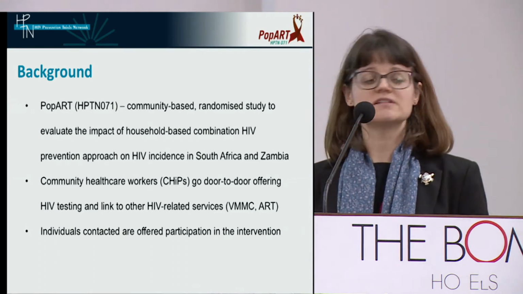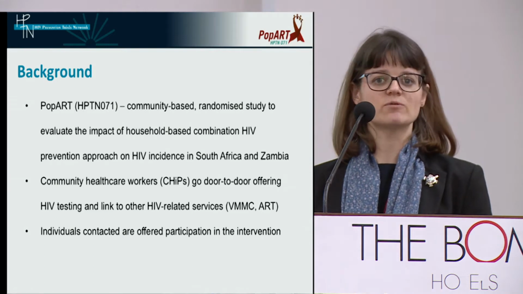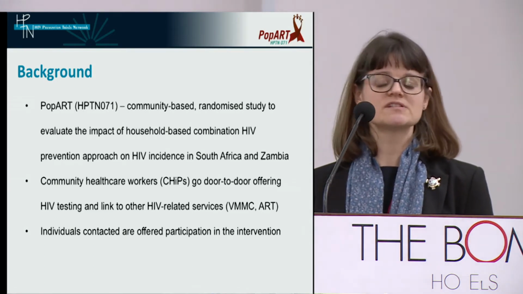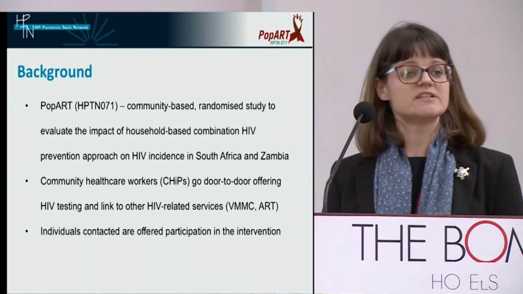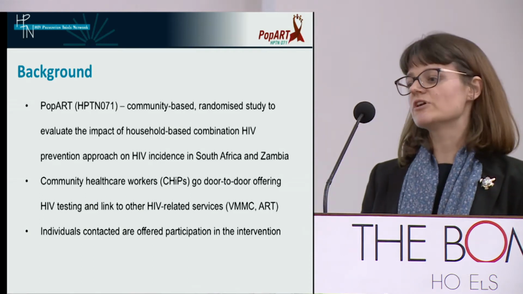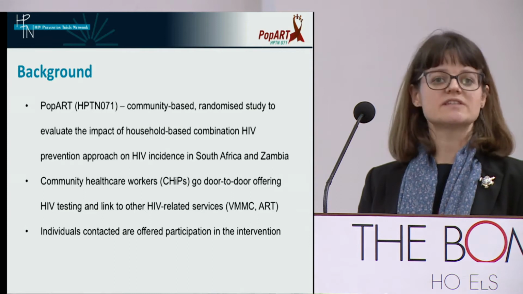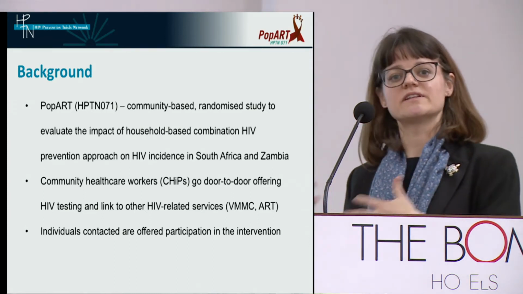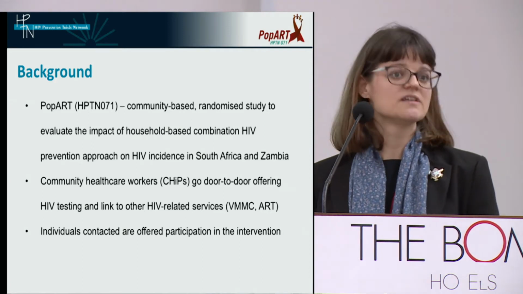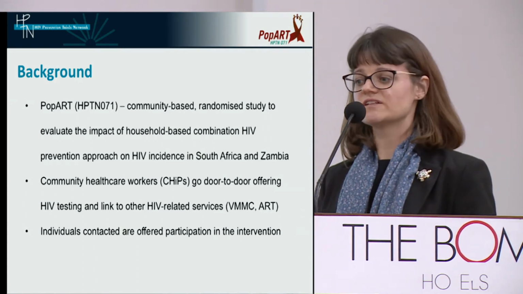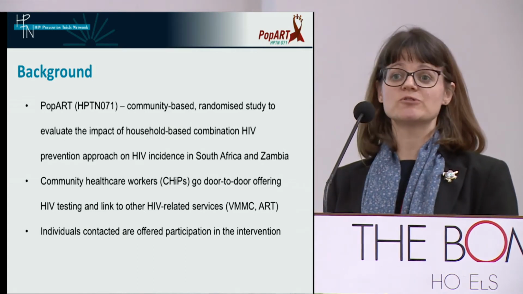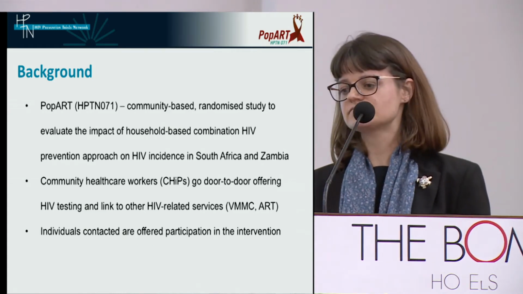And in the intervention settings, community healthcare workers, which we refer to as CHIPs, community HIV care providers, go door-to-door offering HIV testing services, but also provide linkage to care services. So for individuals who test HIV positive, they link them to the facility for ART. For men testing HIV negative, they refer them to VMMC. And they also do a lot of condom promotion and condom distribution.